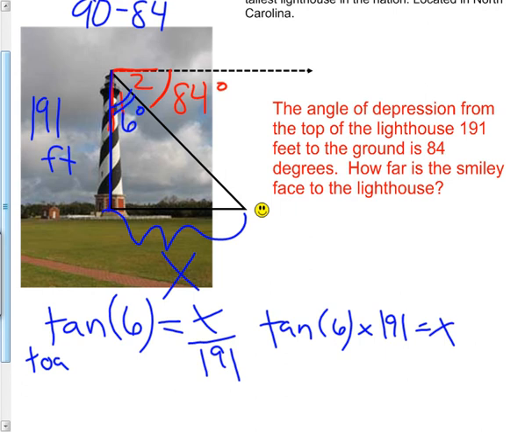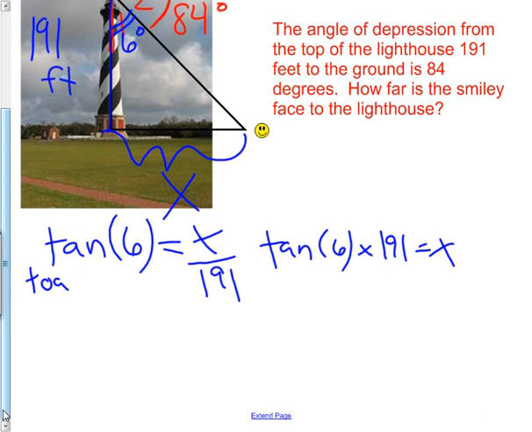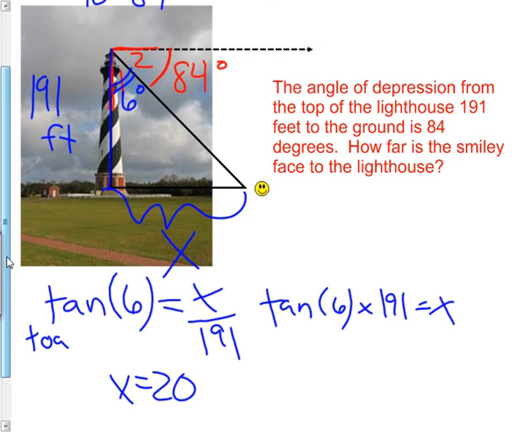Someone that has their calculator, what does that come out to equal? And then in the context of the story, the 20 goes here. Is it 20 meters, 20 yards, 20 feet? So the smiley face is 20 feet from the base of the lighthouse.